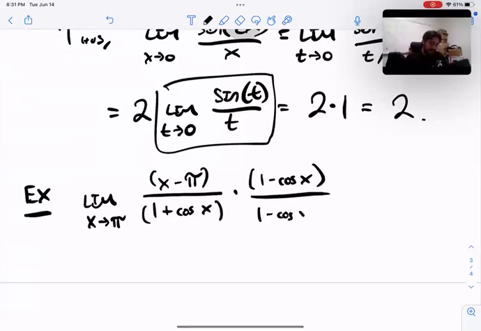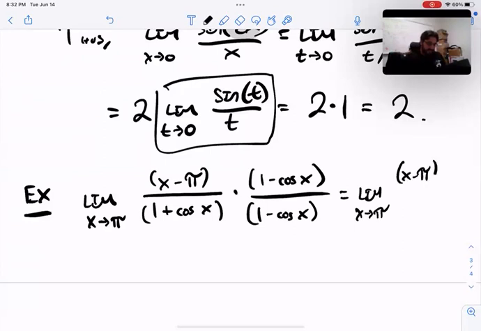So let's see what happens if I do this. I end up with, well, I have x minus pi up top. I have 1 minus cosine x, right? And then on the bottom, I have 1 minus cosine squared x.